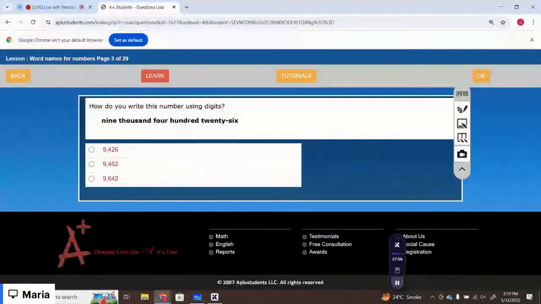How do you write this number using digits? 9,426. Option number 1 is the correct option. That is 9,426.